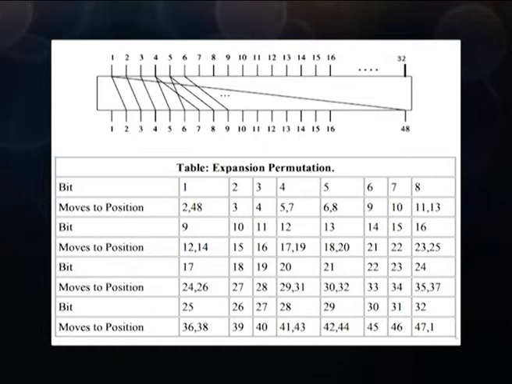Bit 3 moves to position 4. Bit 4 moves to position 5 and 7. Bit 5 moves to position 6 and 8. Bit 6 moves to position 9 and so on.